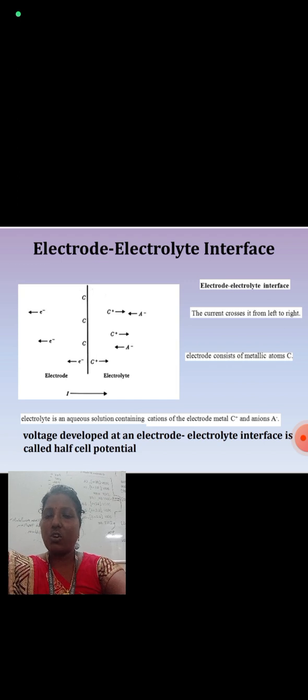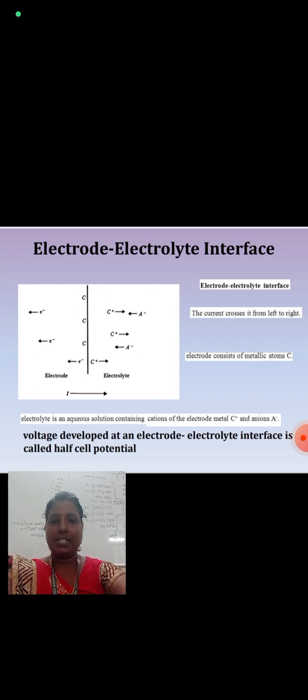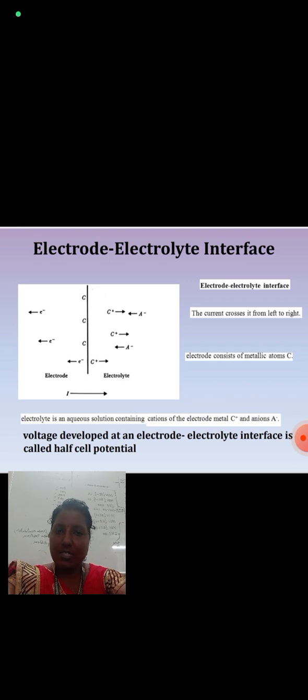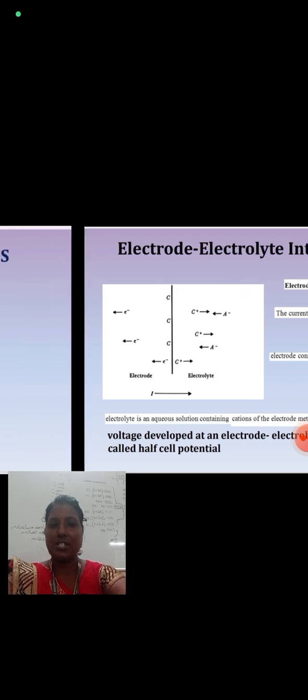That is, the electrons will move towards the electrode and the cations will move along with the current direction. Now, the current crosses from left to right. When the current crosses from left to right, a small voltage is developed at the electrode-electrolyte interface, which we call the half cell potential.